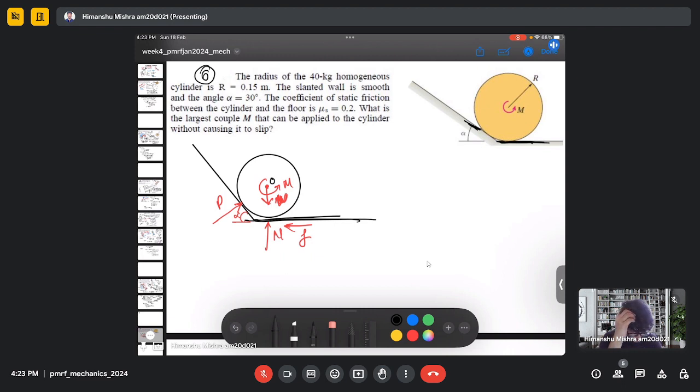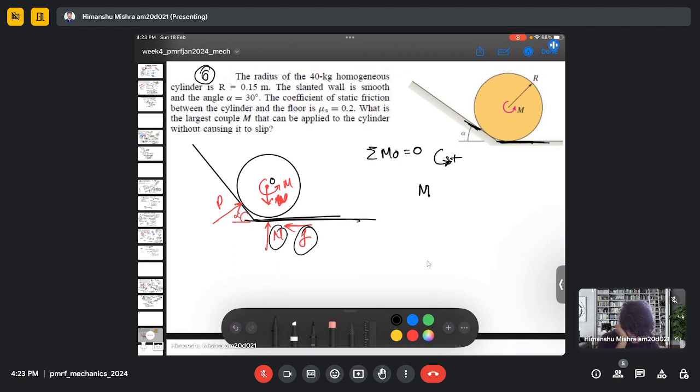Let's say we take the summation of moments around the center, where anti-clockwise is positive. Then there will be an external moment which is positive, and then there will be a moment due to this force.